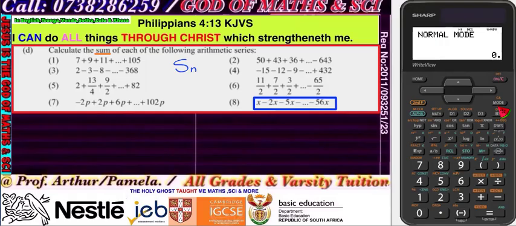All right, so now it's the same thing like we did before. T subscript n. By now you are getting used to it that T subscript n is basically the last term. It's beginning to sink in real good, which is negative 56, negative 56x.